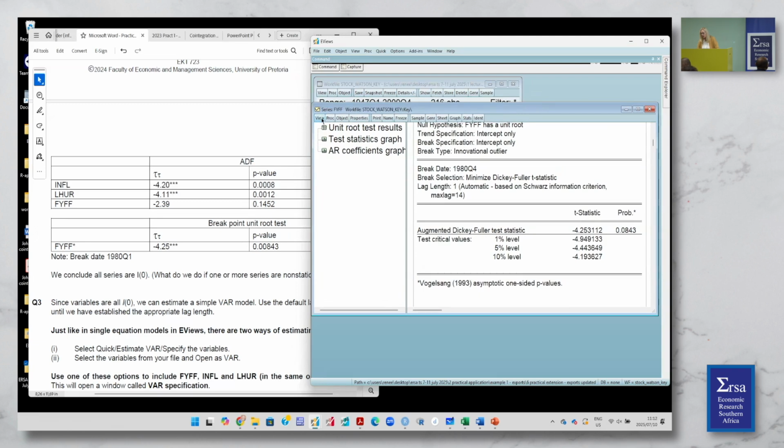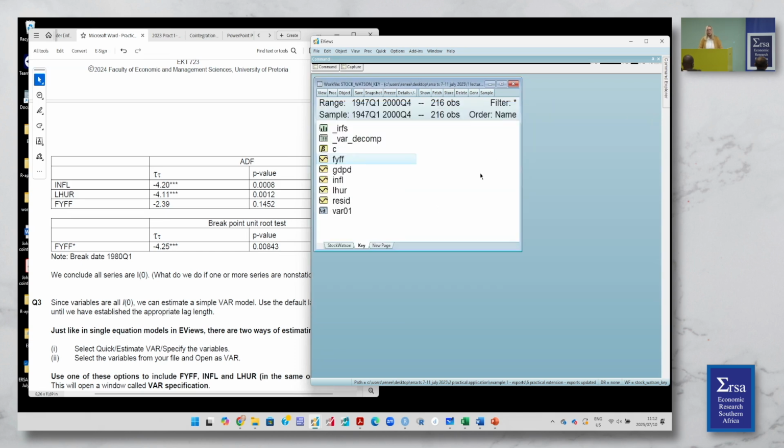So this is a way to justify using the federal funds rate in levels and plugging it into the VAR, as opposed to differencing, which would be preferred otherwise.